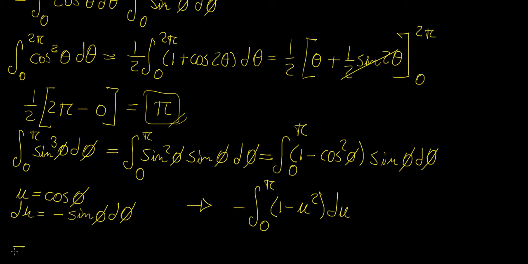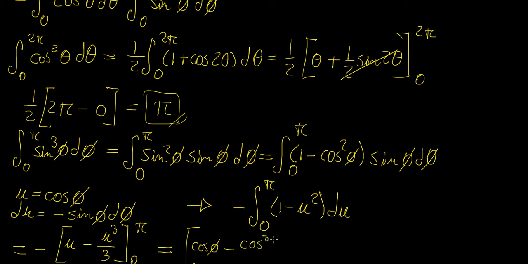So now we just proceed to integrate this. We're going to have u minus u cubed over 3, from 0 to pi. But before we put in the limits, we need to substitute back for the original function. So this is going to be cosine of phi minus cosine cubed phi over 3, from 0 to pi.